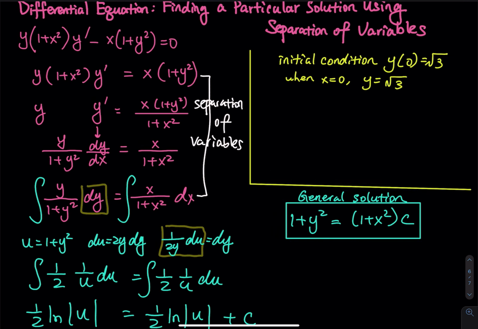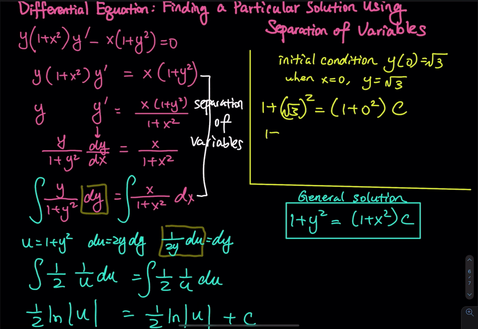The initial condition, the book usually puts it this way: y of 0 equals square root of 3. That means when x equals 0, y equals square root of 3. And then all you have to do is plug in: 1 plus square root of 3 squared equals 1 plus 0 squared times c, and then you solve for c.